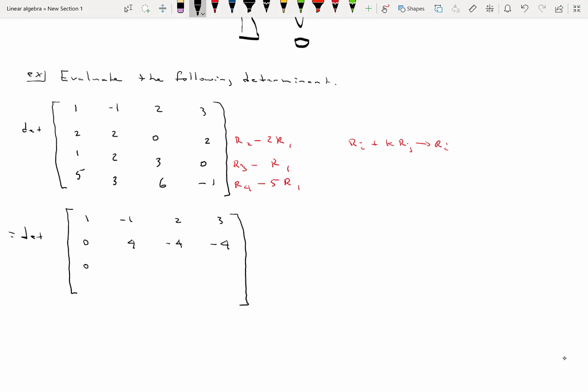I verified this a few years ago, so it's okay. I hope. I think I did. No, I did. Oh, that's wrong. That's 1. 0, 3, 1, and negative 3. 0, 8, negative 4, and negative 16.